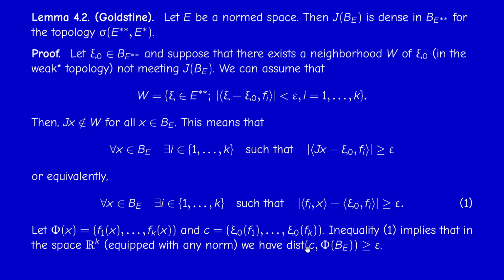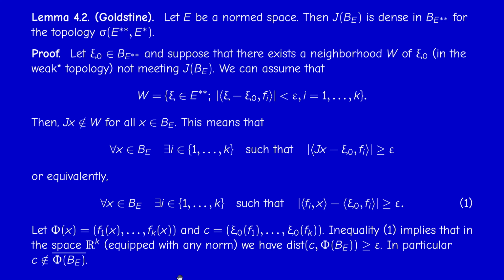And this means that the distance from the point C to the image of B is bigger or equal than epsilon. Okay. So in particular, C does not belong to the closure of phi of B, because the distance vanishes if and only if C is in the closure of the set, as you know from metric topology.